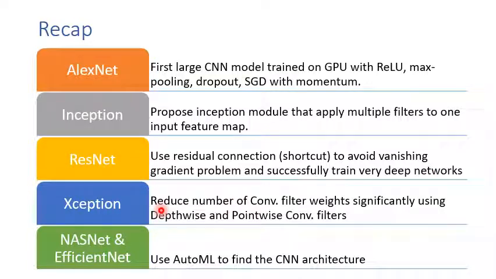The Xception network proposes to use depthwise and pointwise convolution filters to significantly reduce the number of weights of the standard convolution filter. We also learned that modern convolutional neural network architectures can be learned by automatic machine learning. So it's possible that in the future we don't need to design the CNN architecture anymore.